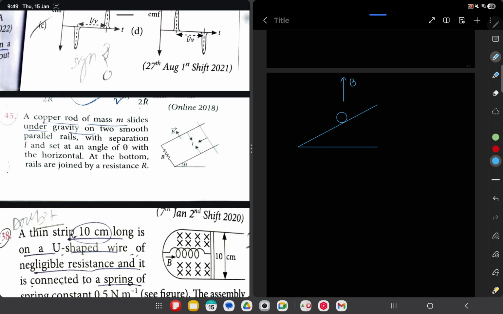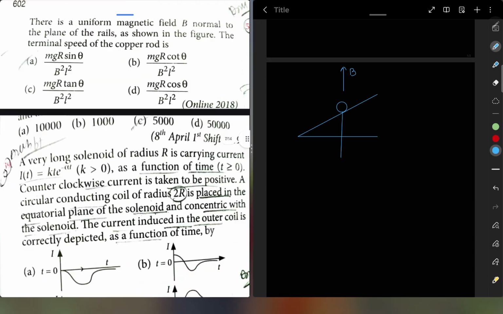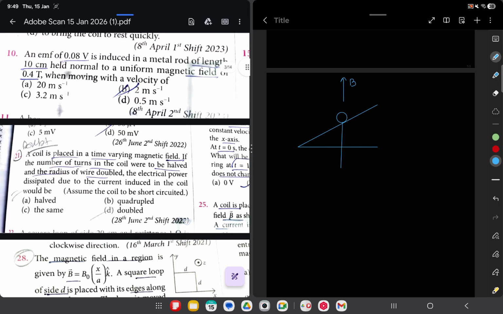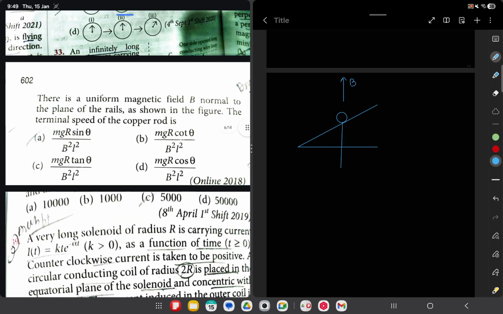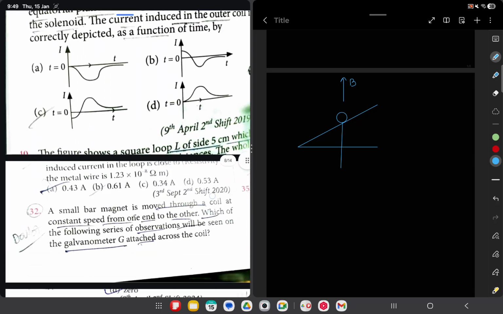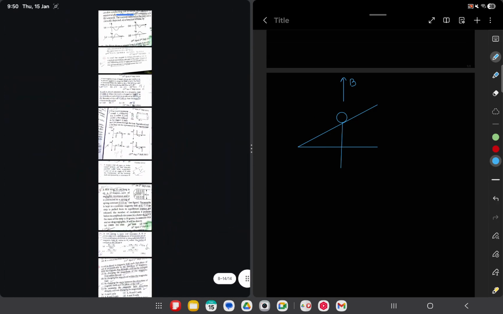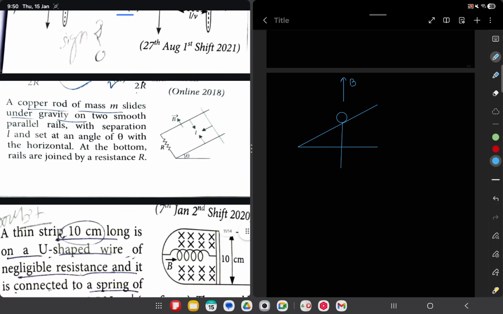Okay, so you need to find out the value of the terminal speed. Okay, so this is mg, this is theta.